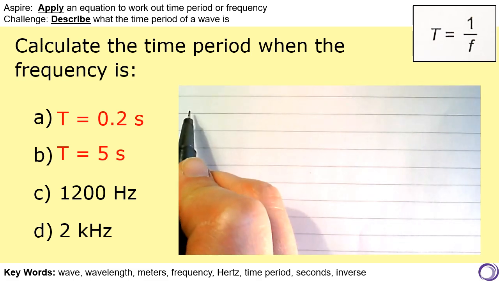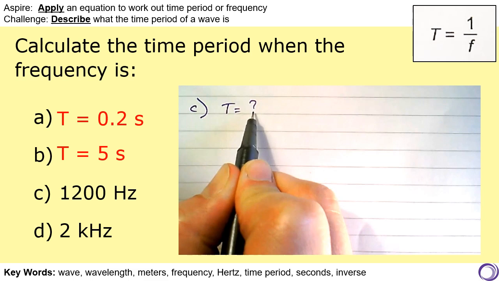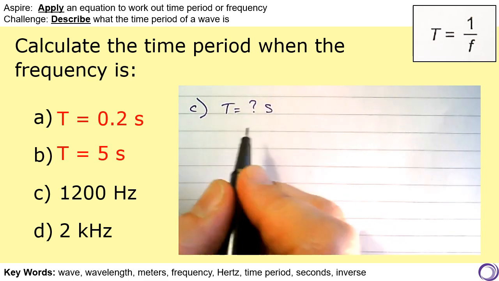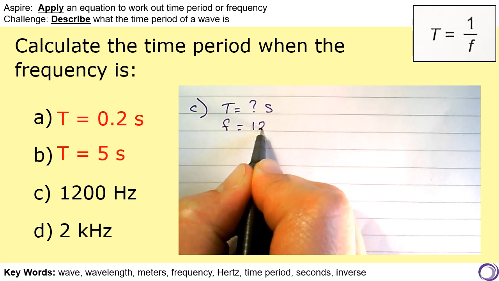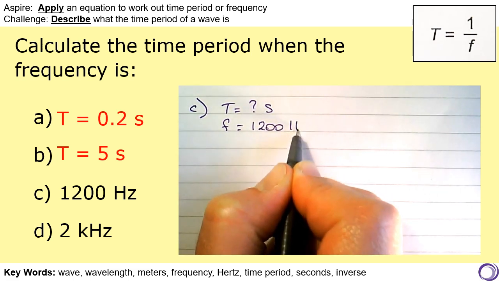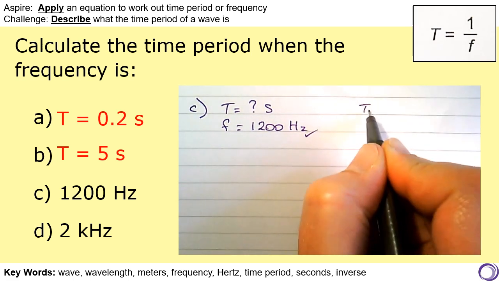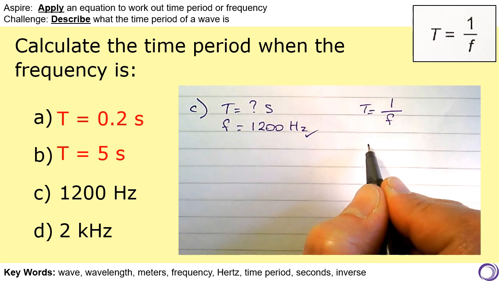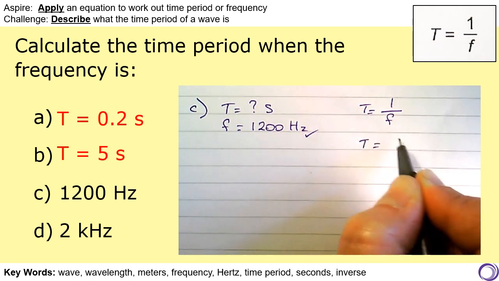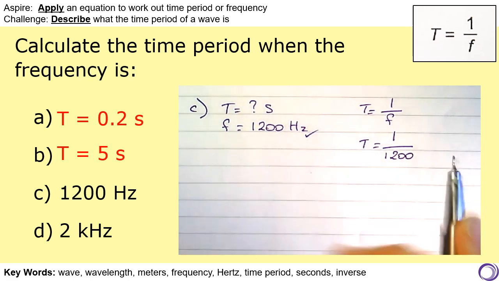In question C, I'm looking for a time period again in seconds, and this time the frequency is 1200 Hertz, but that is still the correct unit. So my equation, T equals 1 over f, let's substitute the numbers in. T equals 1 divided by 1,200.